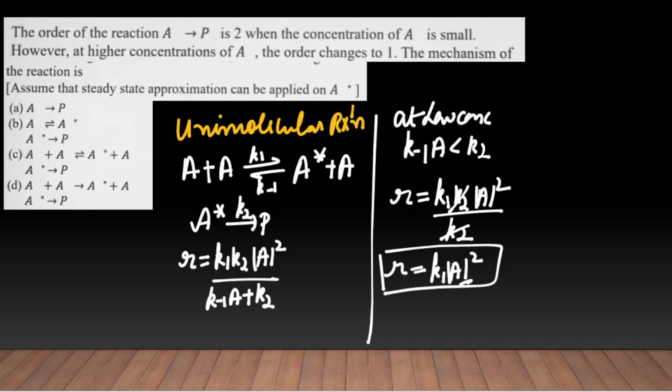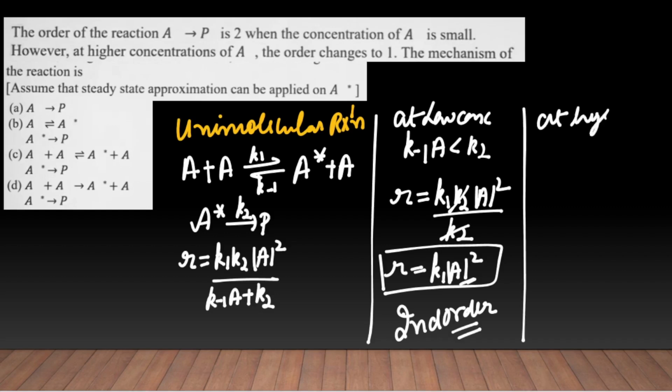So with respect to the concentration of A, this is raised to the power of 2. That means at the low concentration the rate is of the second order, right? Whereas at the higher concentration, we will be observing that K inverse of A is more as compared to K2.